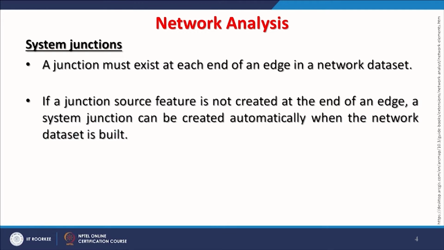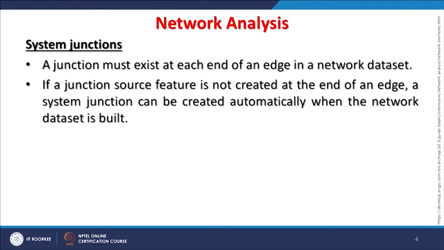If a junction source feature is not created at the end of an edge, that means a polyline feature, a system junction can be created automatically when the network data set is built. Once the polyline data of a network is ready, the network has to be built, and while building it these things will also be created.